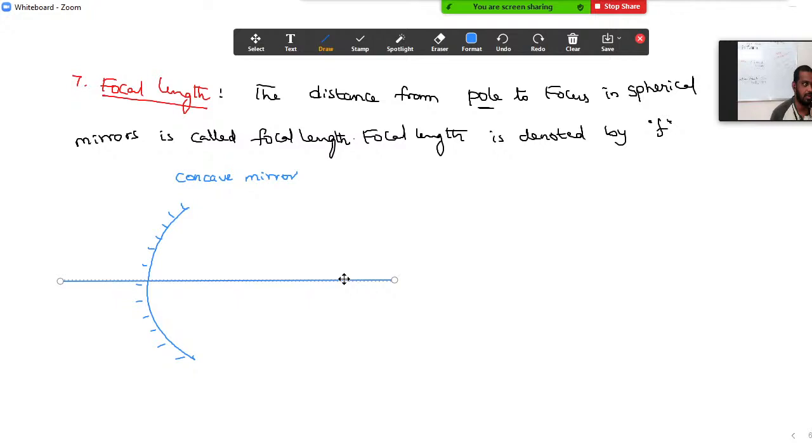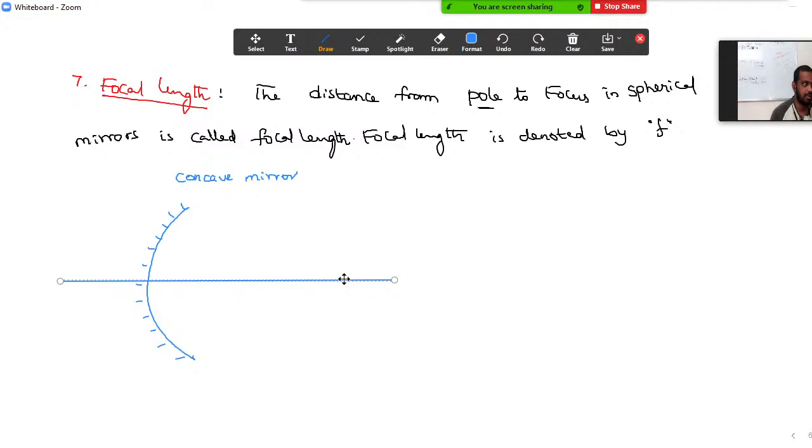The distance from pole to focus is equal to the distance from focus to center of curvature. Clear? Okay, sir. Yes, sir. Clear. Now it is a convex mirror.